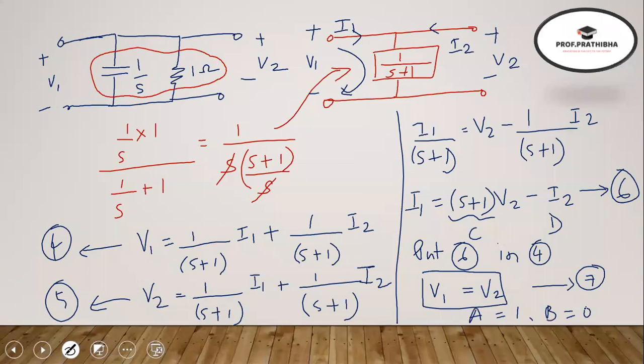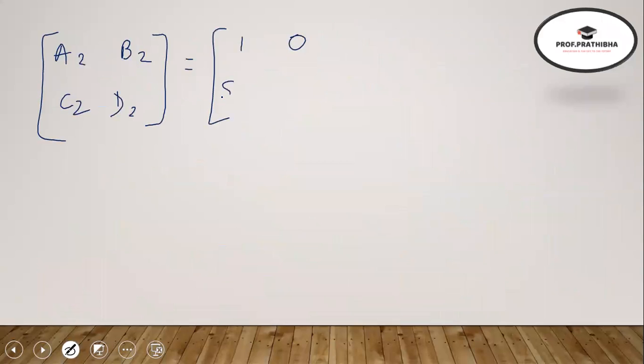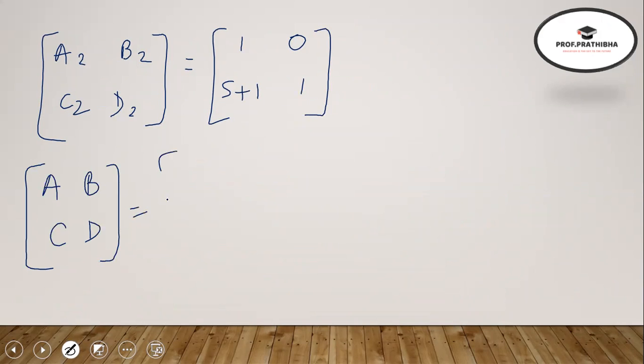So now what I'm going to do is I have one more ABCD parameter. So I have A2, B2, C2 and D2. That means I have 1, 0, S plus 1 and 1. And that means I can obviously find the cascade. So the cascade, the final answer is going to be A1, B1, C1, D1, what you got in the first case.